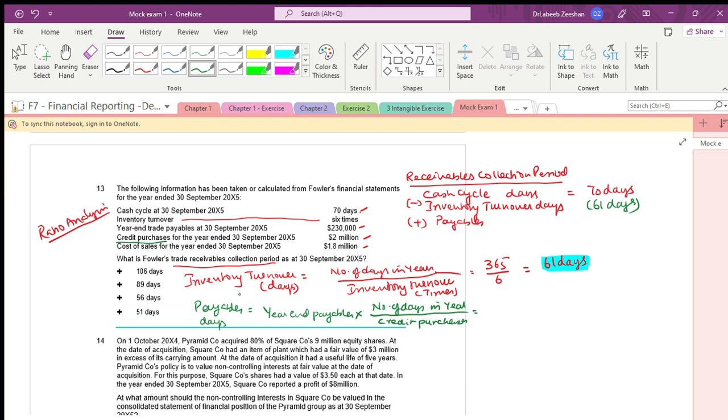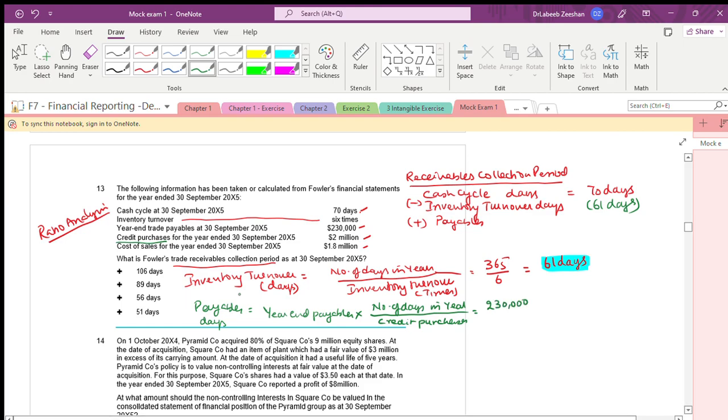First you calculate the times, and then you convert into the year-end payables. How much are the year-end payables? 230.